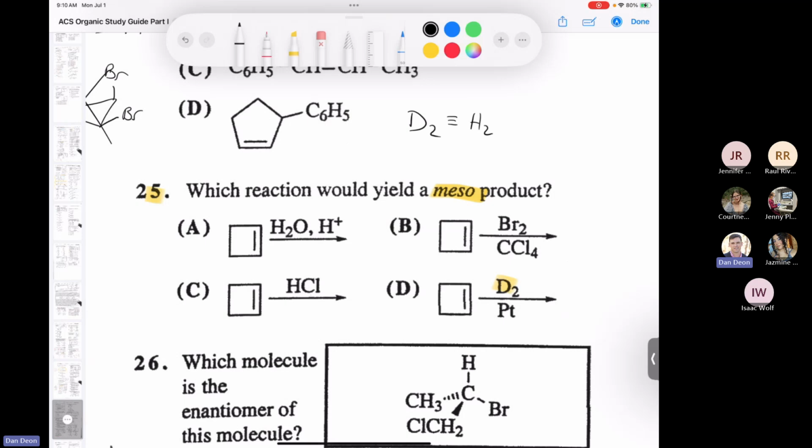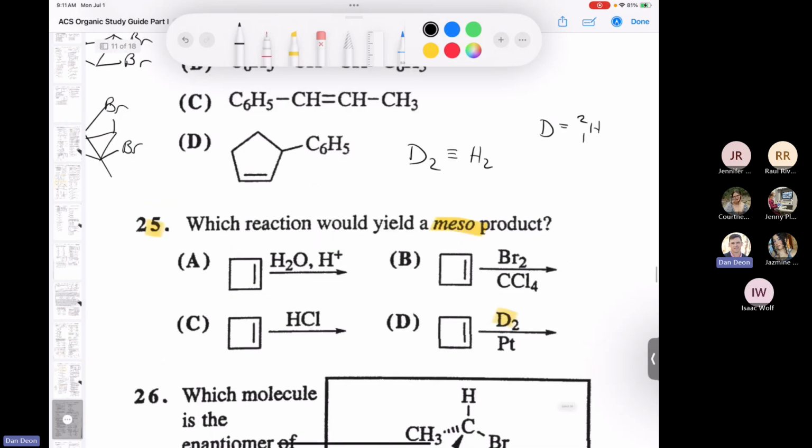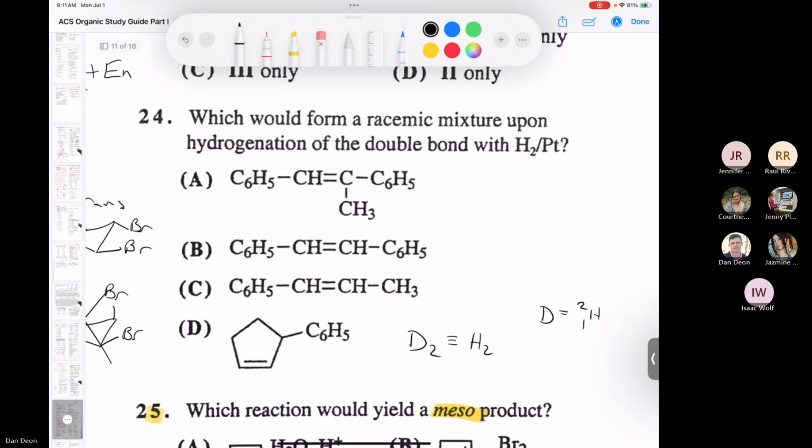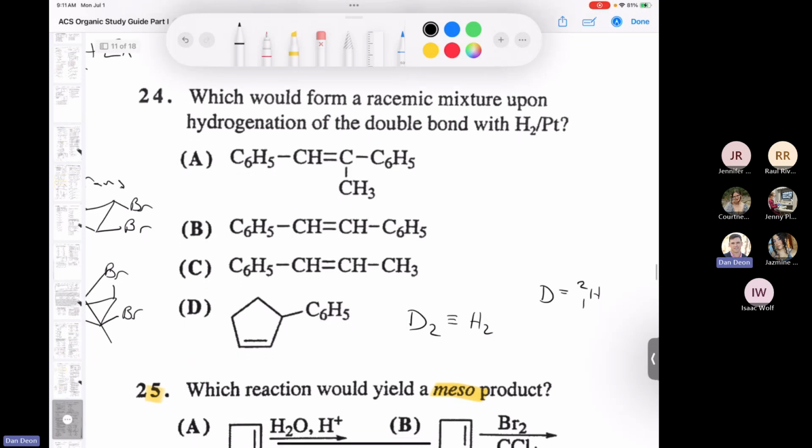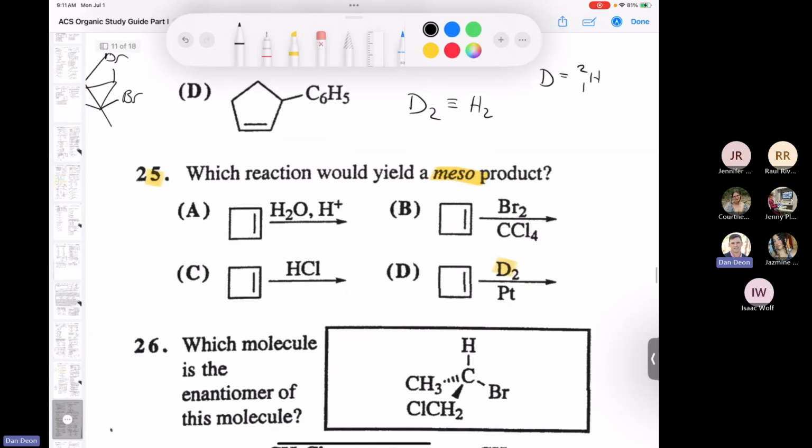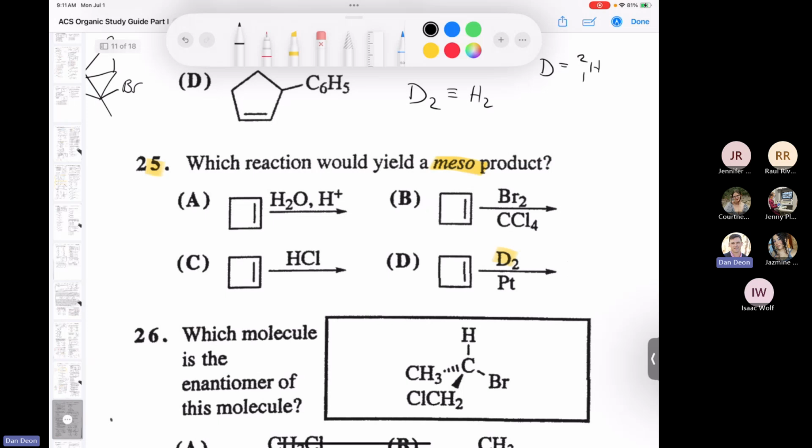Remember, deuterium is hydrogen-2, hydrogen with one neutron in the nucleus. Anyhow, we'll come back and do that one. I was just looking at this one, which would form a racemic mixture. Anyhow, I'm getting ahead of myself, but let's come back and take a look at question 25 after the break.